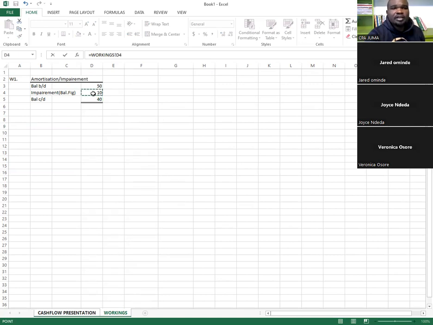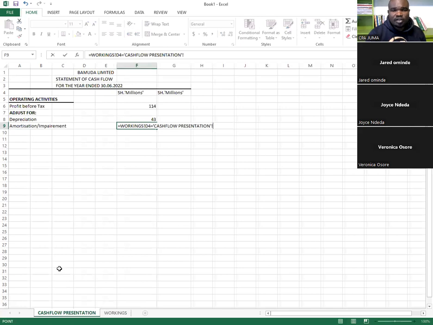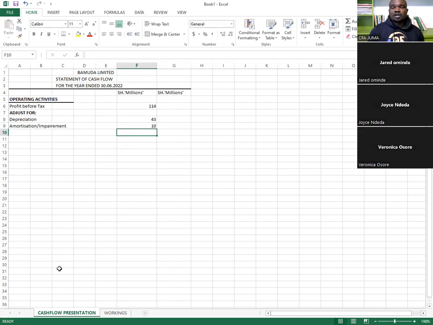Then I go back to the worksheet, then I backspace all this, up to where I have that equal sign. Then I press enter. So that is how I do the linking, which you can do the way you are used to.